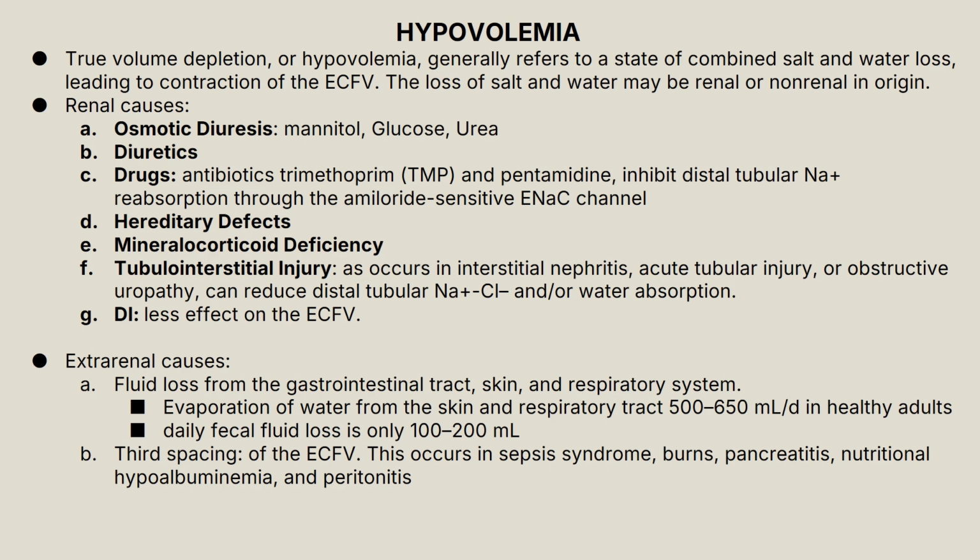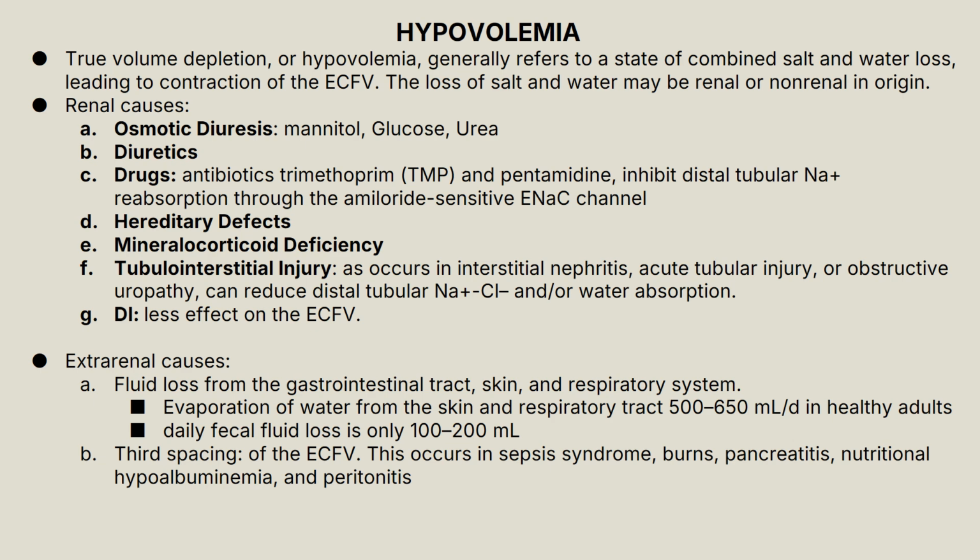Hypovolemia is defined as the true volume depletion. It generally refers to a state of combined salt and water loss, leading to a contraction of the extracellular fluid volume. The loss of salt and water may be renal or non-renal in origin.